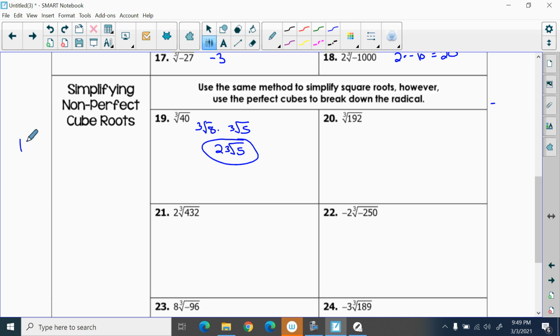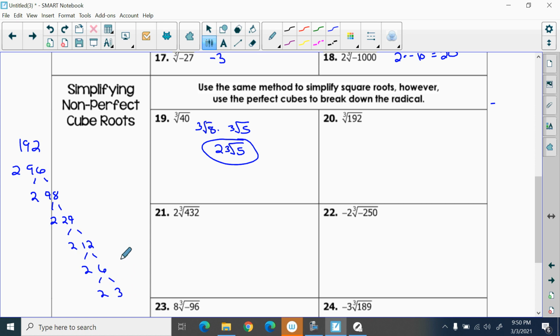So I have 192, which is 2 times 96, 2 times 48, 2 times 24, 2 times 12, 2 times 6, and 2 times 3.